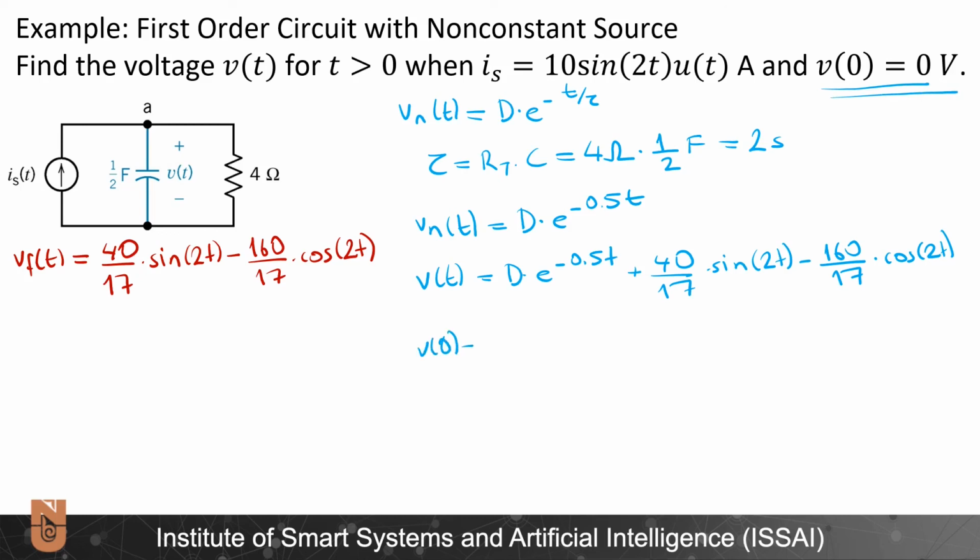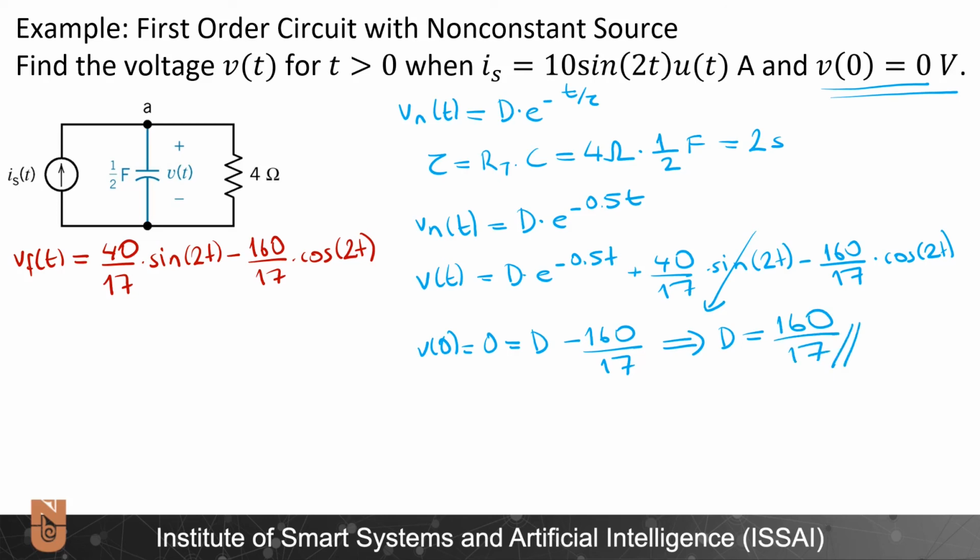V(0) is equal to 0. This is equal to D plus, sine 0 is 0, so this term will disappear, so it will be minus 160 over 17. From here, I can calculate D is equal to 160 over 17 as well.